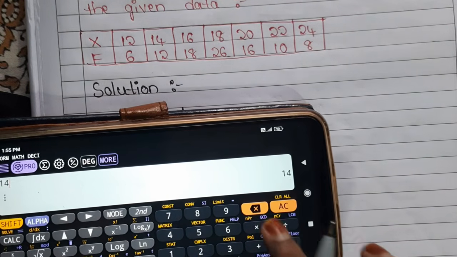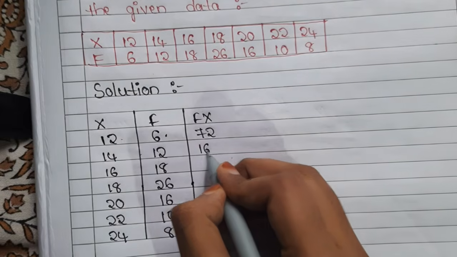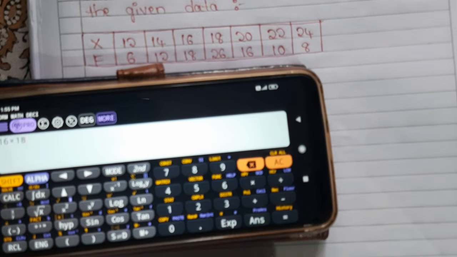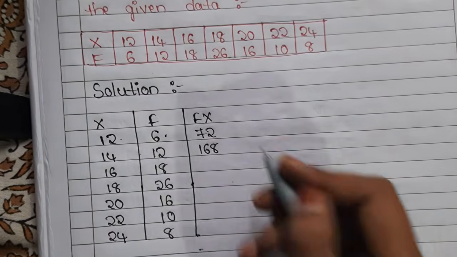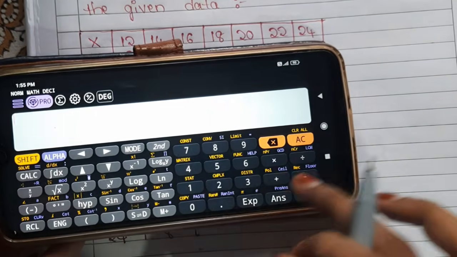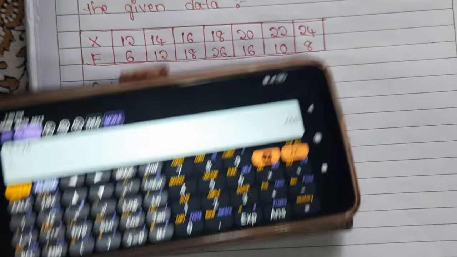Take it. Then 14 into 12 is 168. 16 into 18 is 288. Then 18 into 26 is 468.